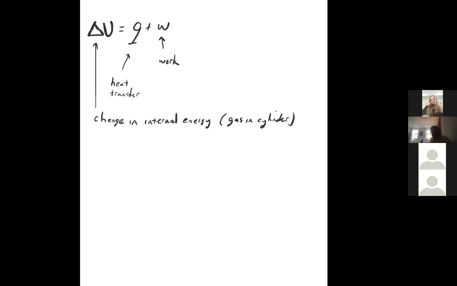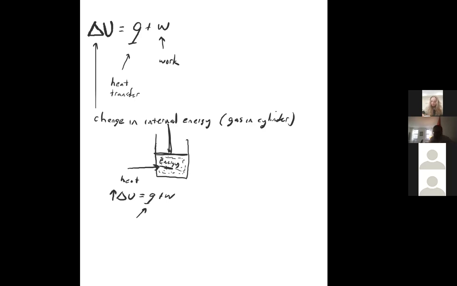So the idea here is the following. This gas has a certain amount of energy. The molecules are bouncing around. They're at some temperature. There's energy in there. It's difficult to figure out how much energy it has, but what you can do is say the following. If you add energy in the form of heat, if you're putting in some of this heat, the energy will go up.